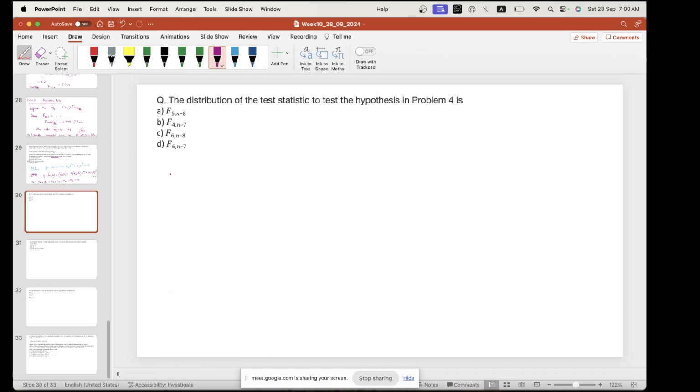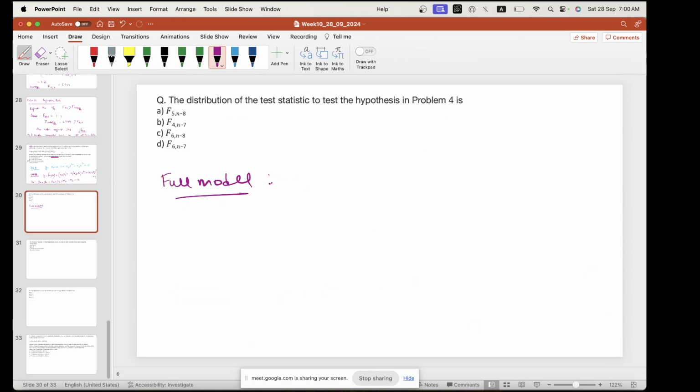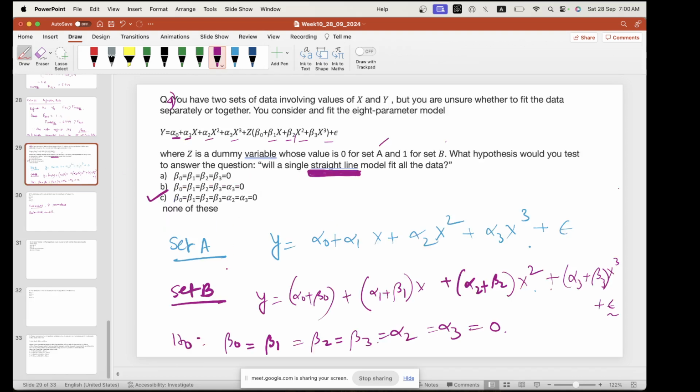Okay, so then what do we have? Full model is actually 8 parameters. And restricted model is how much?